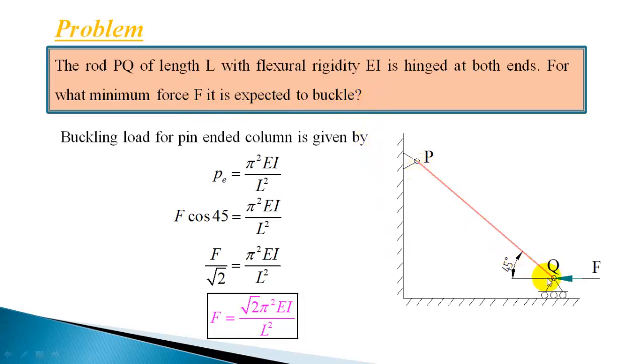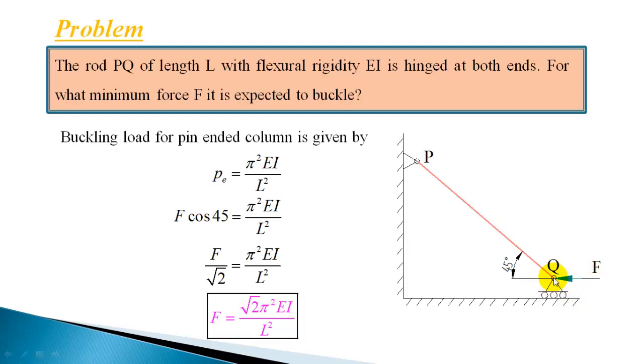So PQ is the rod, hinged at both ends, and it's subjected to a horizontal force F at Q. Since the force F is horizontal, the component of the force acting along the axis of the rod is F cos 45.